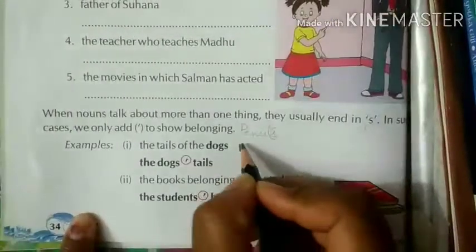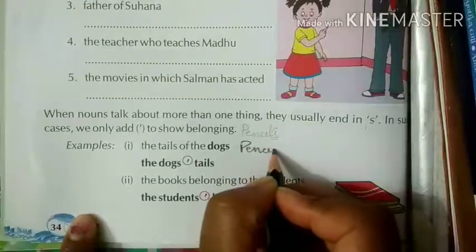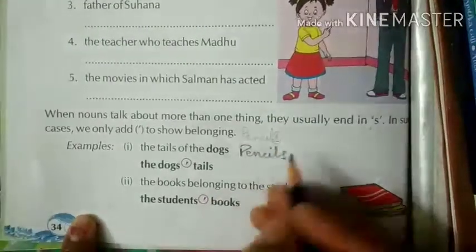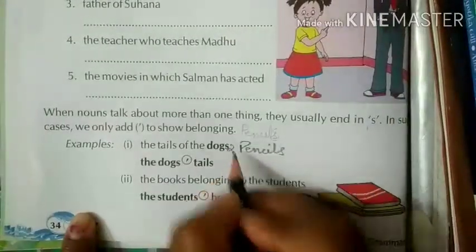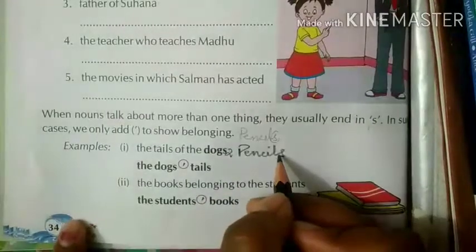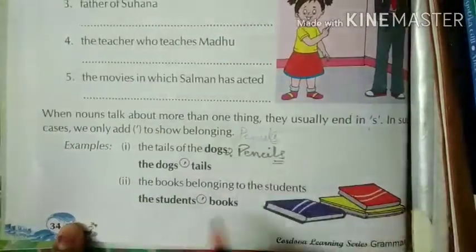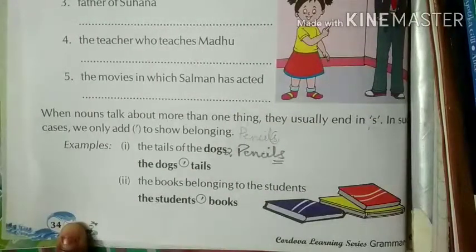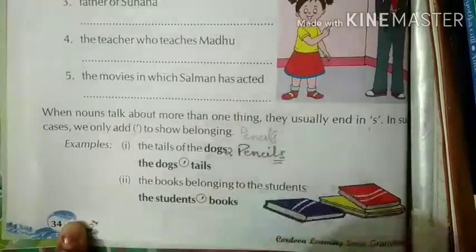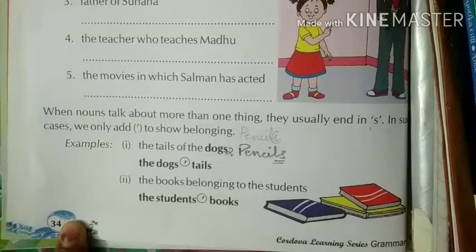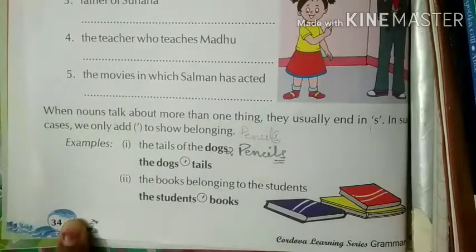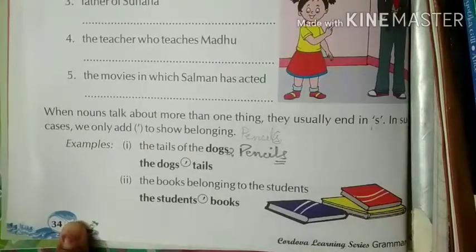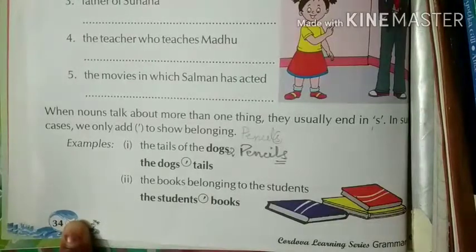So see over here, pencils. Since I'm talking about two pencils, I have written S over here. But this S I have written without putting any comma on the top. That means I'm not talking about one pencil, but two pencils.